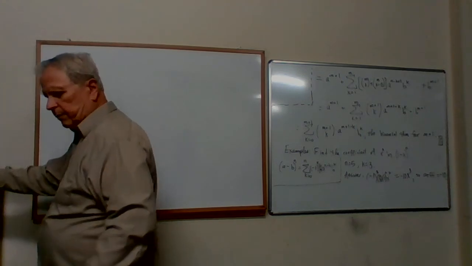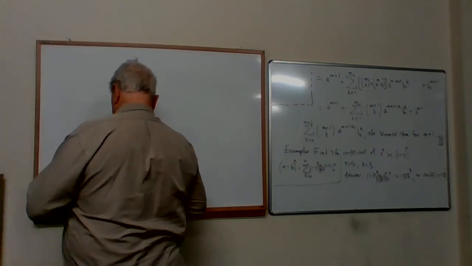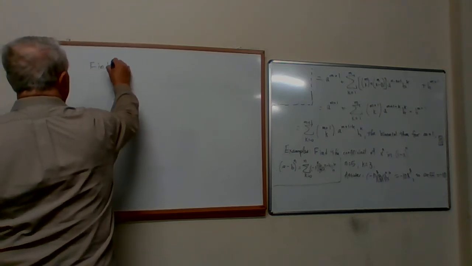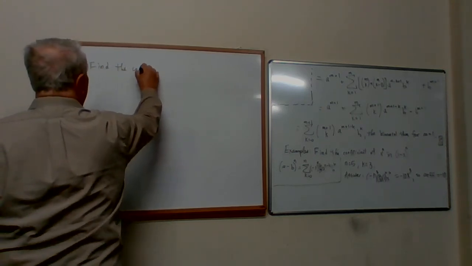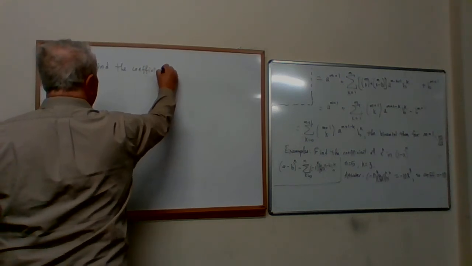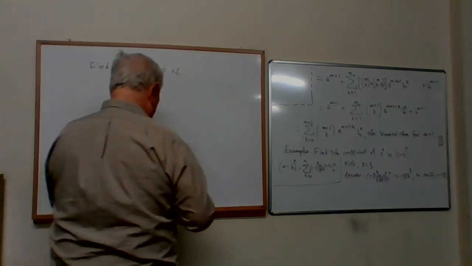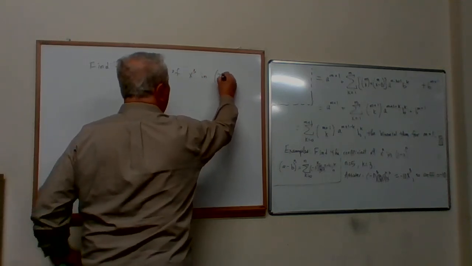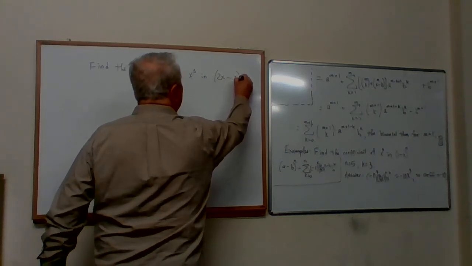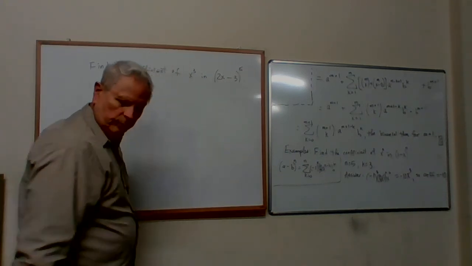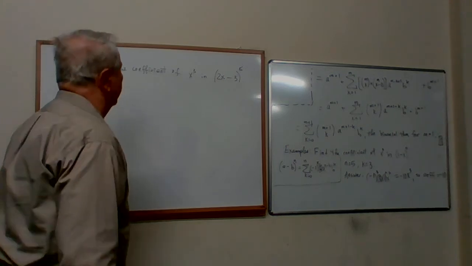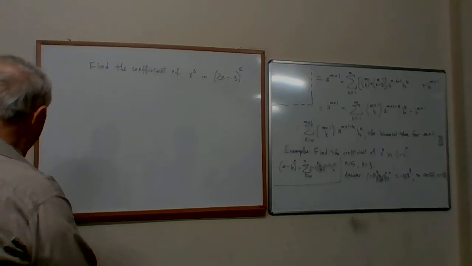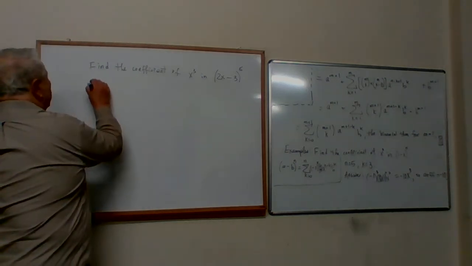Okay, let's do another example. Find the coefficient of x cubed in 2x minus 3 to the 5th. Okay. So we're still going to use the a minus b formula. And of course, once again, n is equal to 5.